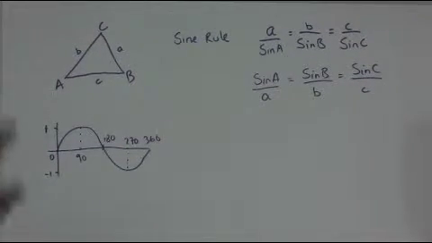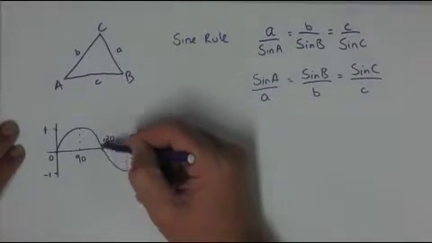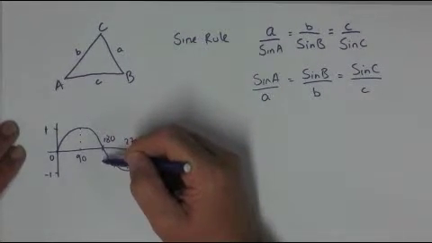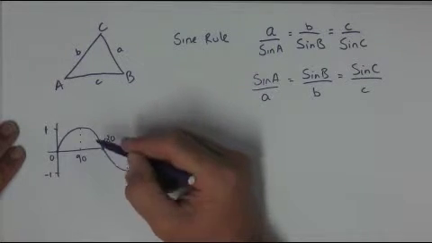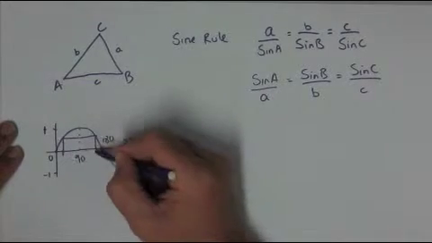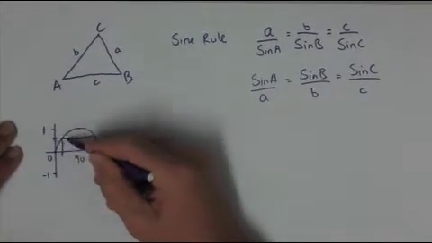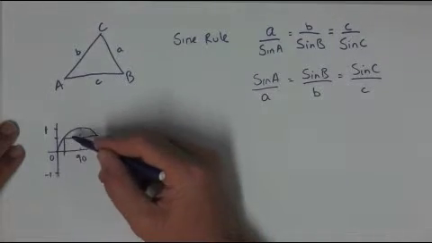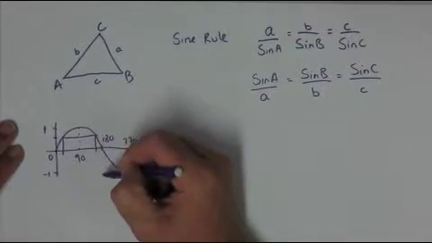Now with this, if we just were to focus our situation between 0 and 180 degrees, because there's only ever 180 degrees in a triangle, you could see there are two times when here and here we get the same value on the y-axis, the same value for two different angles.